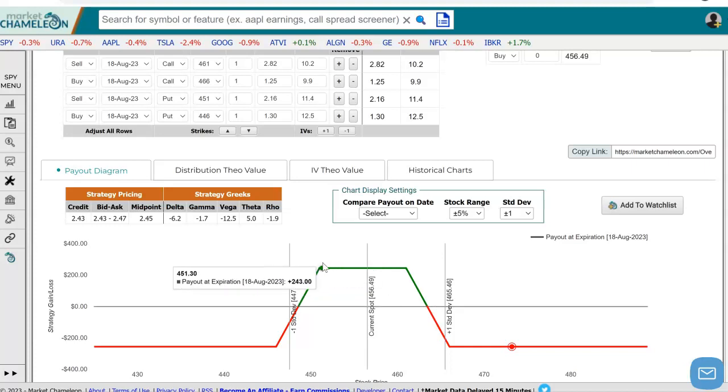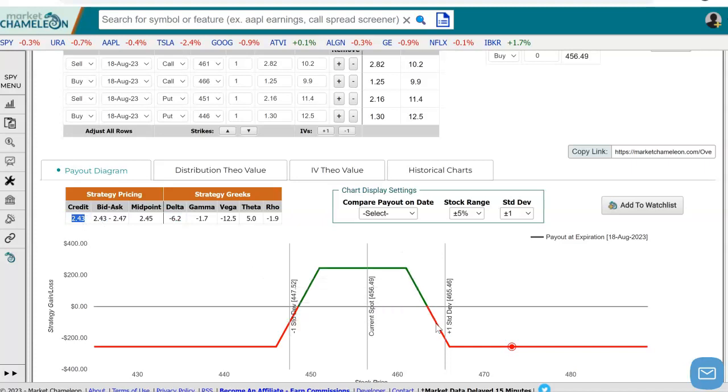So over here we got the 451 strike, 461 strike over here, and anything in between those, that is our sweet spot, because if the stock ends up there at expiration, all the options expire worthless, they go away, and you keep the initial credit that you sold this strategy at, which in this case is 243.